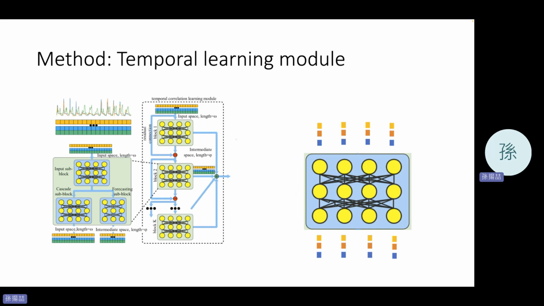In the temporal module, given a time series data, we input every timestamp of the data to different neurons and get the MLP output.